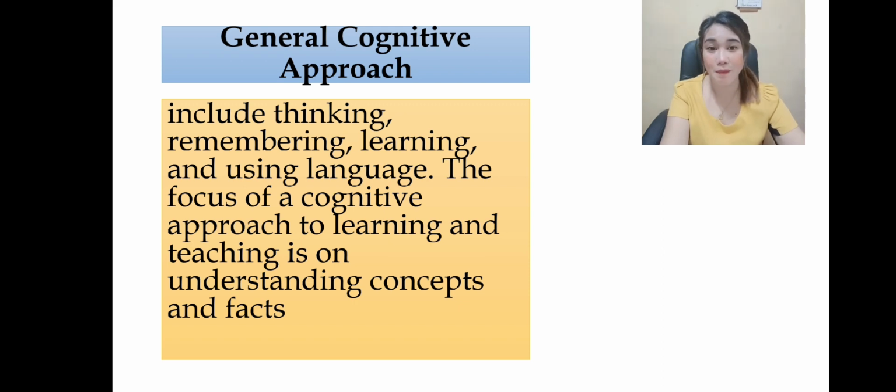Our capacity to retain information and comprehend concepts will increase if we are able to break down information, give logical links between concepts, and recreate it.